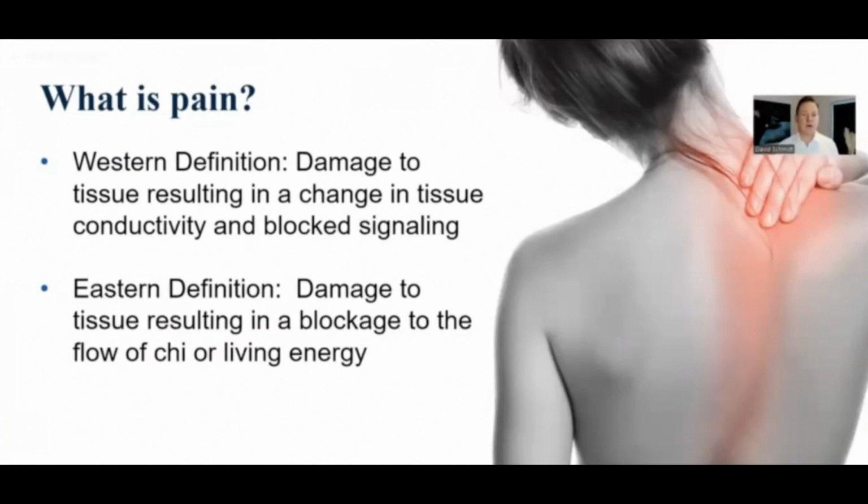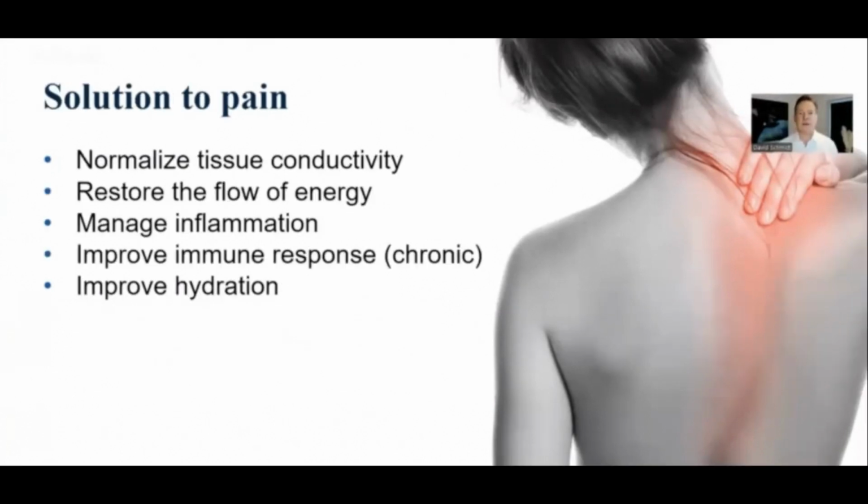So we're really talking about the same thing here: something in the body changes, so energy cannot flow freely, and the body interprets this as pain. And this is a good thing, because if the tissue is damaged, we don't want to continue to damage it even further and create further problems. So the solution then becomes self-evident.